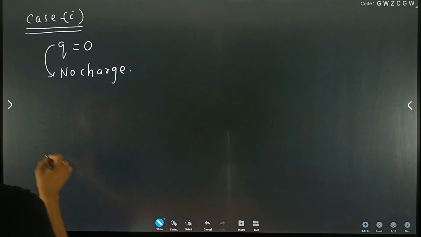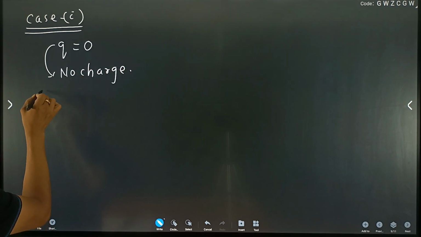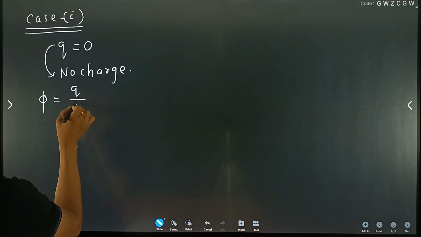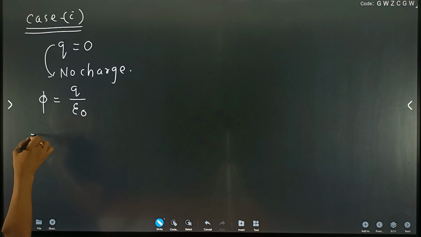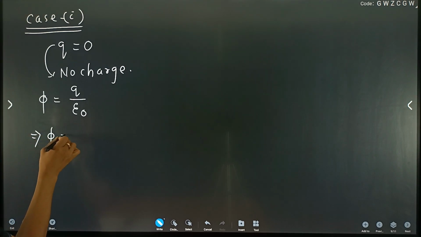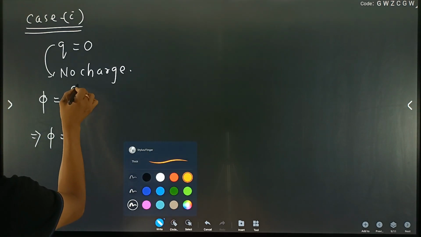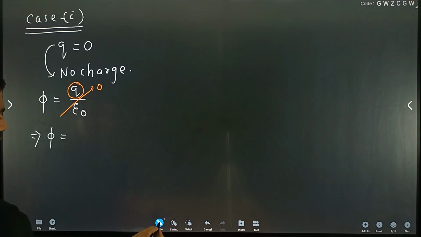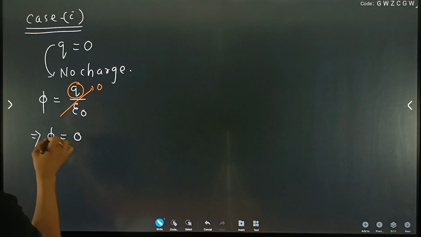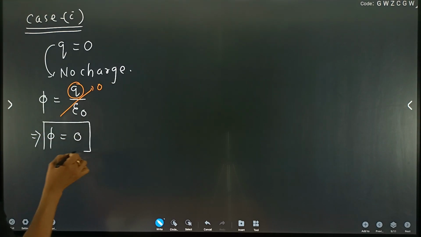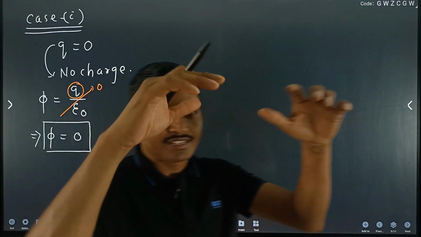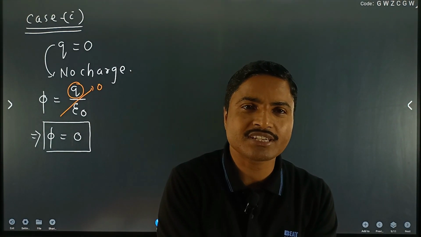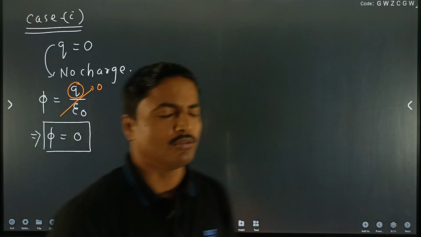Then in this case, what is the flux? You know the Gauss law, phi is equal to Q divided by epsilon 0. That implies phi is equal to 0 by epsilon 0, which means 0. That means if the closed surface encloses no charge, electric flux is 0.